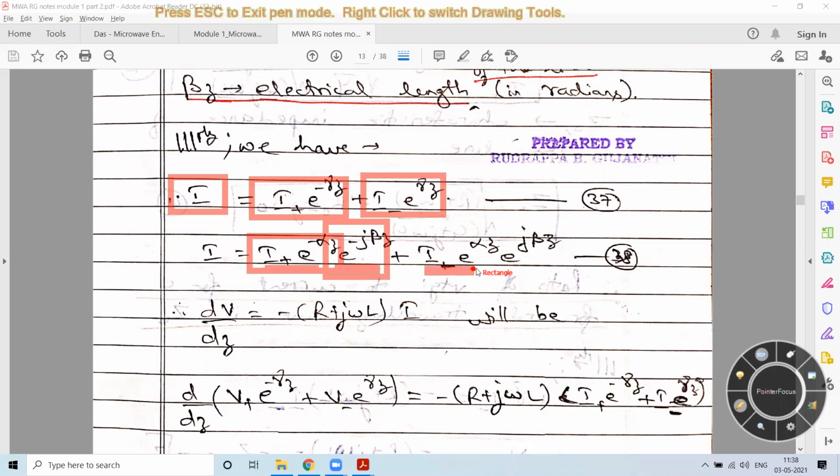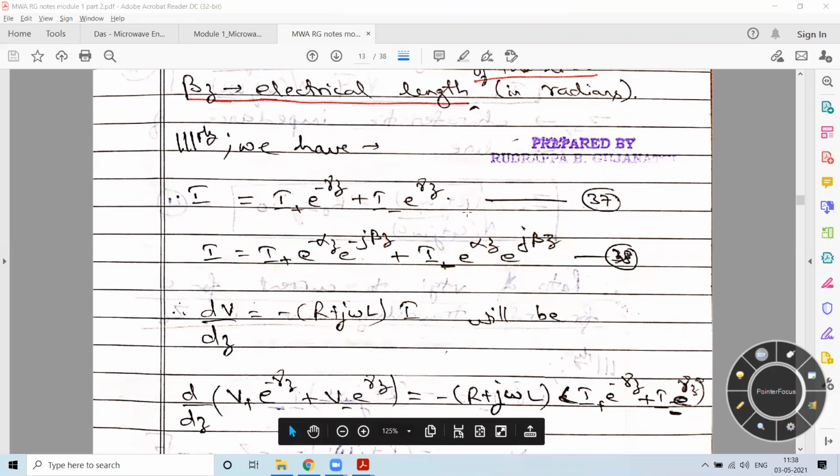Similarly, I minus e raised to alpha z into e raised to j beta z: this one gives the amplitude parameter, and this one gives the phase parameter. So these are the expressions we get for V and I.